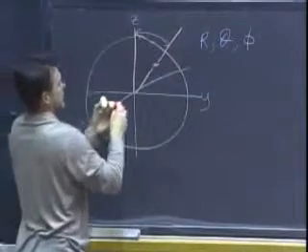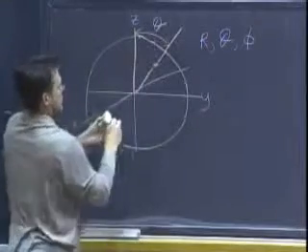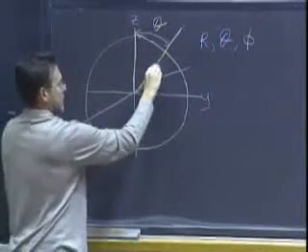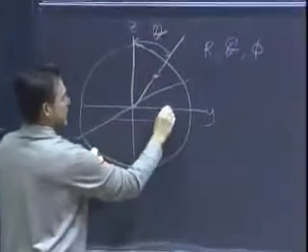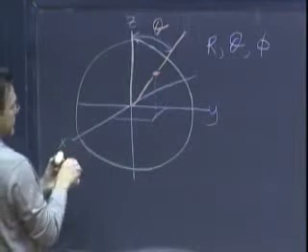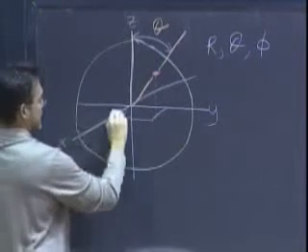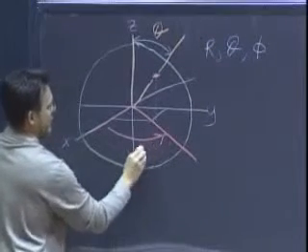Here's our angle theta. And if we drop down a perpendicular onto the xy plane from our point, then we define phi as being from the x-axis and going over in the direction of y.